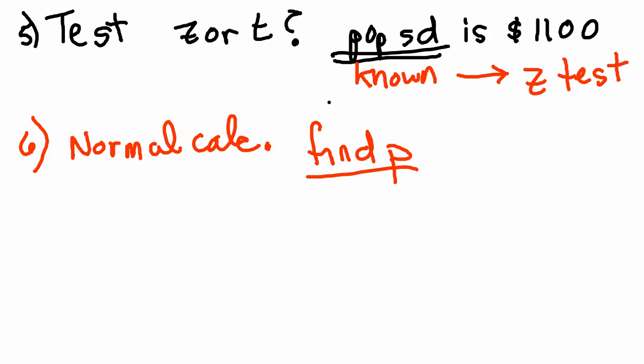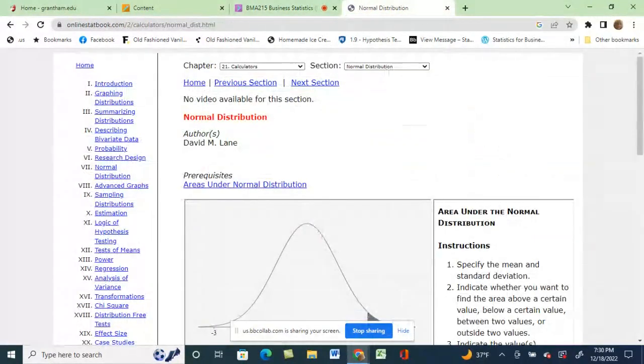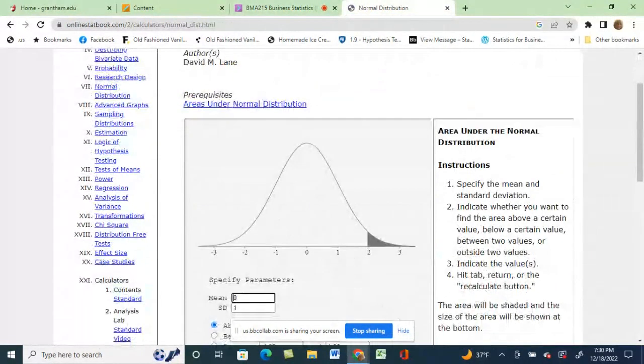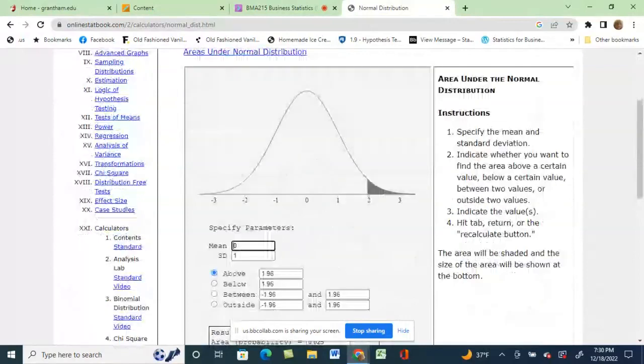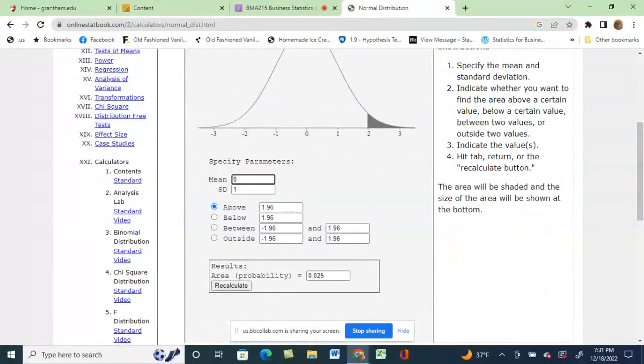Let me share it with you. Okay, so here's the calculator that we've been using. You just search for onlinestatbook.com, normal calculator.